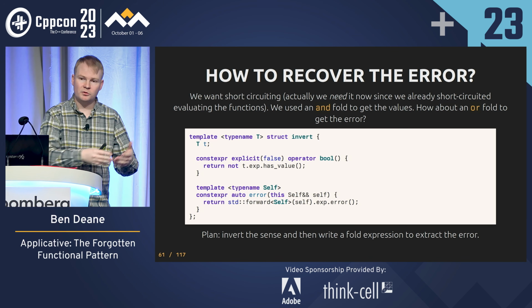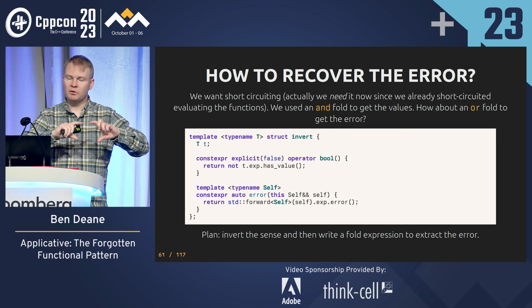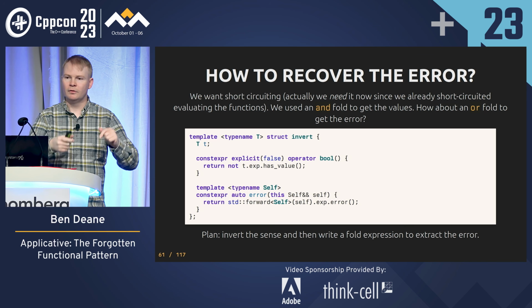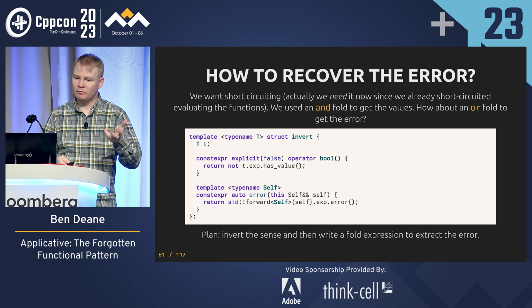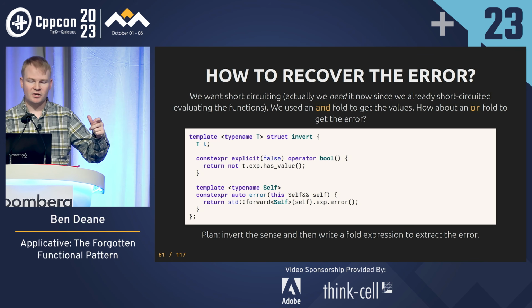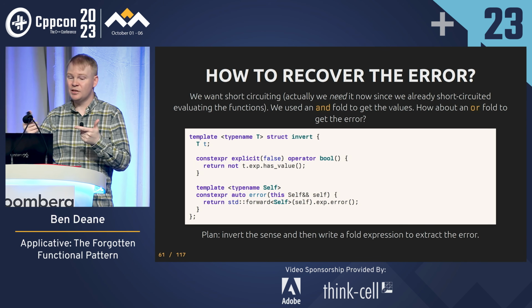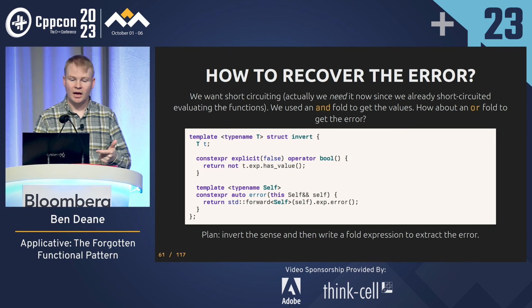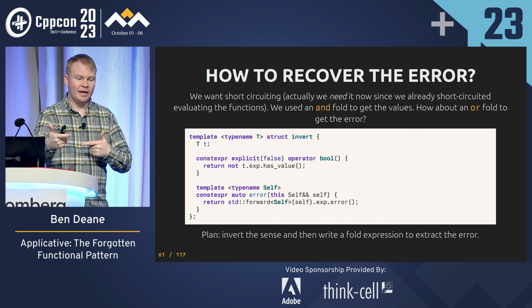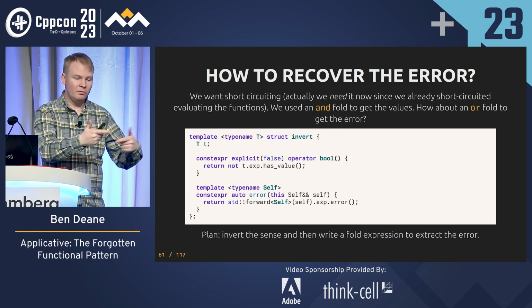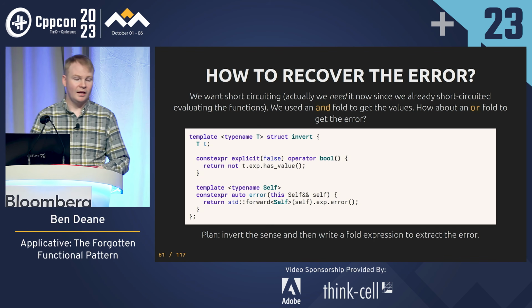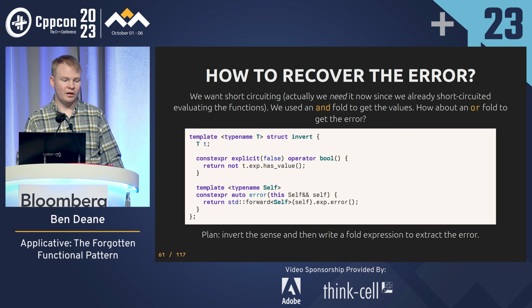Instead of and, use an or, and just write a simple inverter type to flip the types that came back from the function. So the inverter type wraps the actual std expected. And if the expected is not engaged, then the inverter returns true, or vice versa. And it will get the error when we ask for it.